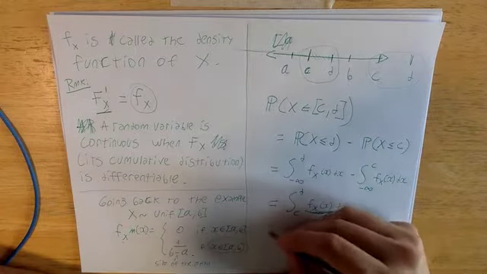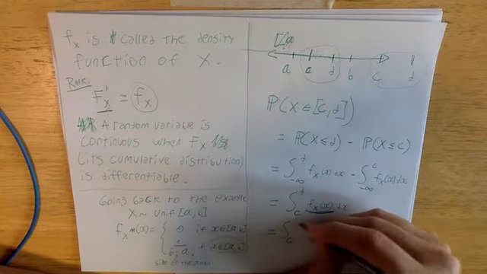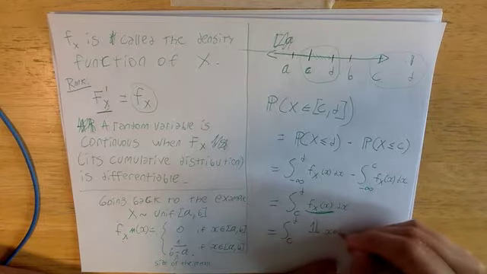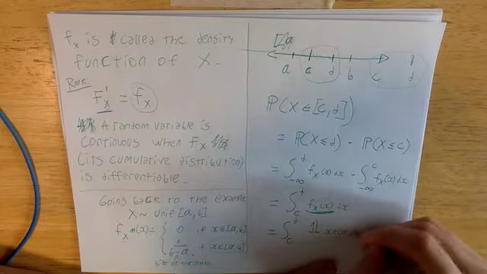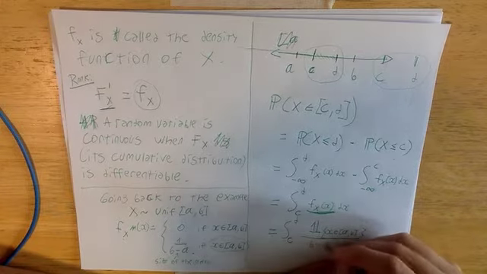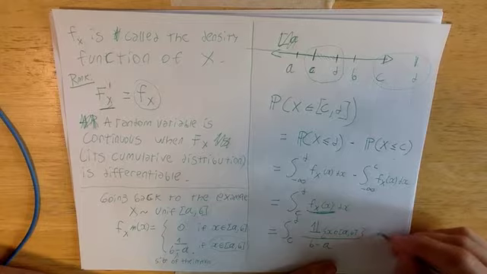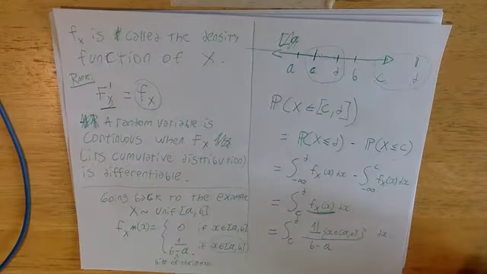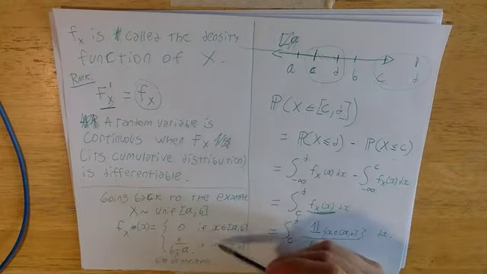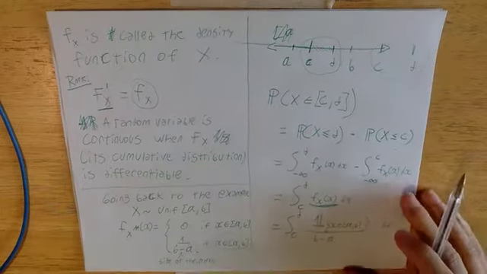Okay, so this is just equal to the integral from C to D of the indicator that x is in AB over b minus a dx. Okay, so the only dependence on x is through this indicator, which is taking care of this.